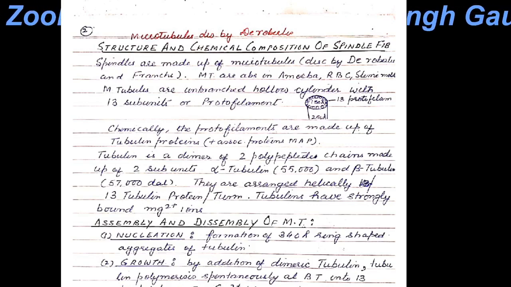Microtubules are unbranched hollow cylinders made up of 13 subunits called protofilaments. As you can view in the slide, these 13 protofilaments are arranged at the periphery, and they are around 250 angstrom in diameter.